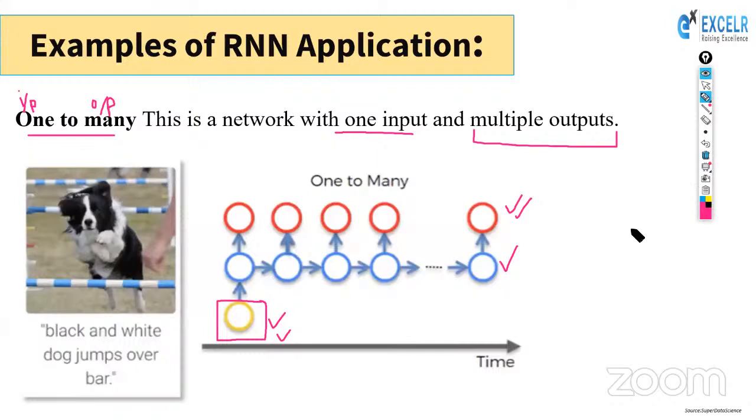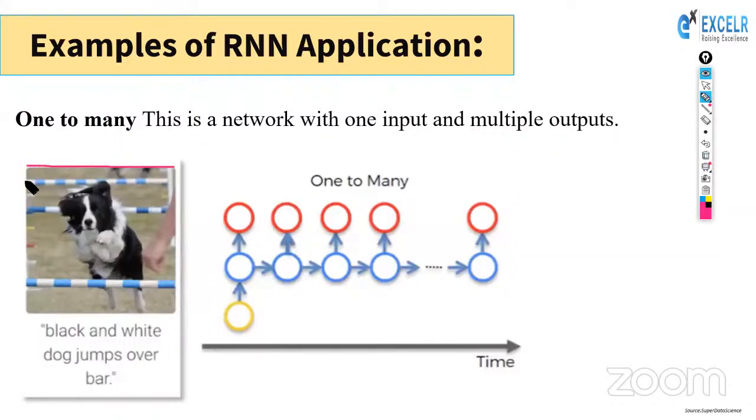In real time, let's suppose you have this image as an input. That means in the input, we have a single image. And just by analyzing this input image, we are generating the text: black and white dog jumps over bar.